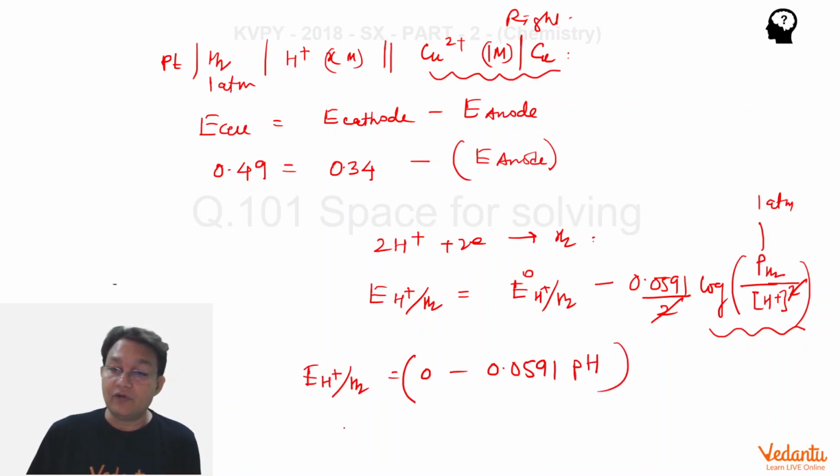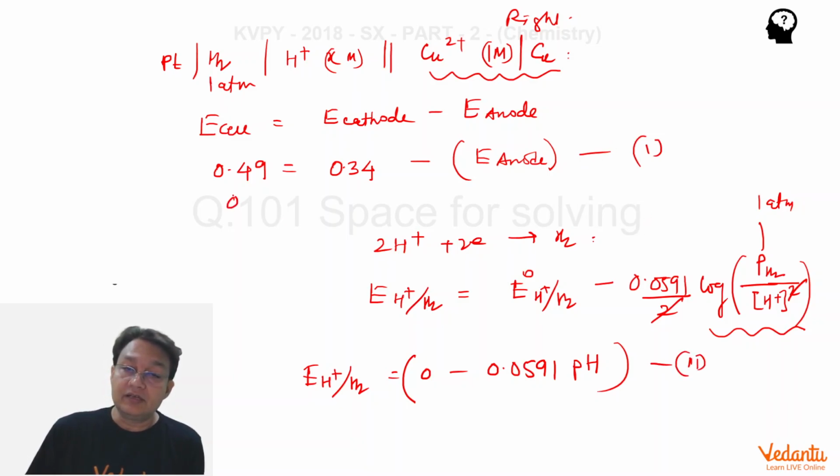So substituting this equation number 2 in equation number 1, we get 0.49 is equal to 0.34 minus, and minus of, 0.0591 into pH.